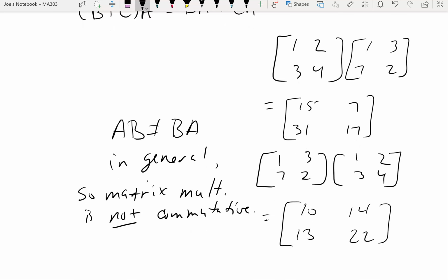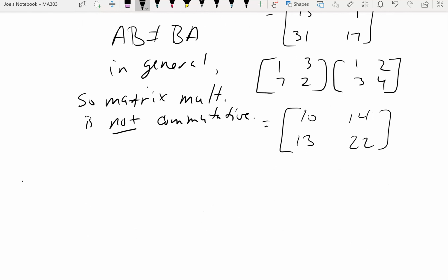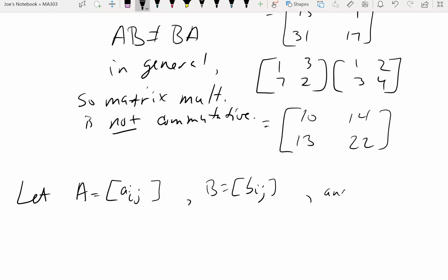All right, so let's see how this works. We're going to let A have some general entry. Oops, I'm going to leave a little spot here for the subscript. B be a general entry, and C be some general entry.